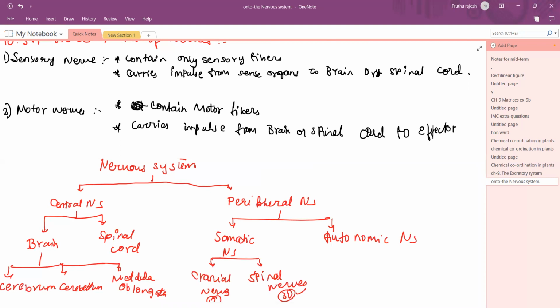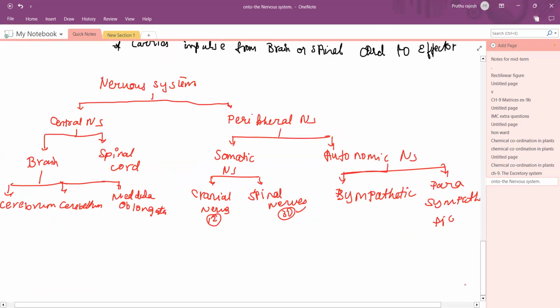They will definitely ask you a question on the spinal nerve: how many pairs of spinal nerves are there? Now next part, autonomic nervous system has two parts: sympathetic and parasympathetic nervous system. We'll discuss these one by one in detail as we progress.